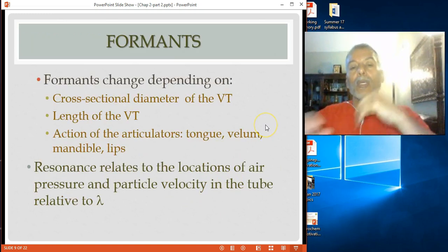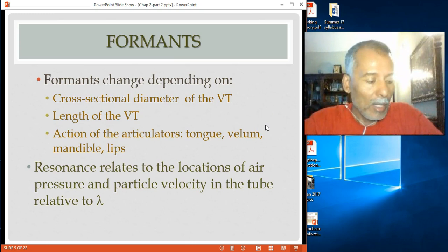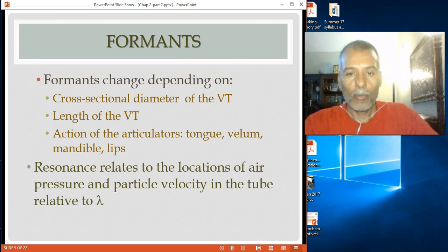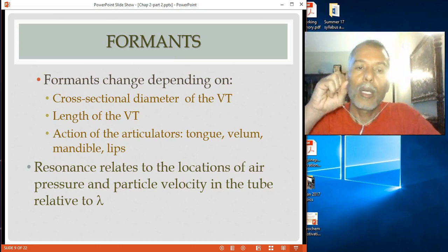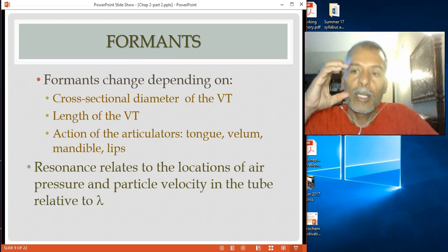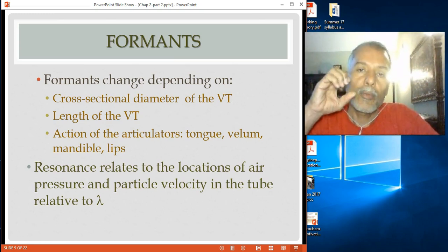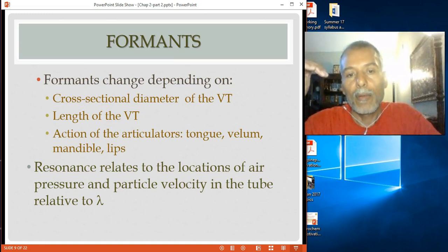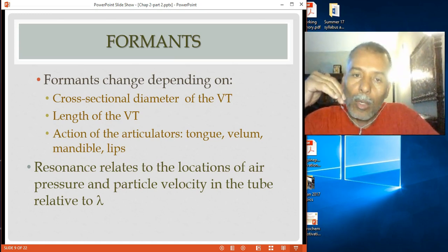So we'll do more exercises in class to figure out how to calculate the formants. Formants in the vocal tract change. Their values change depending on the cross-section of the vocal tract. If someone has a vocal tract that is wide, then you have lower formants, lower frequencies.